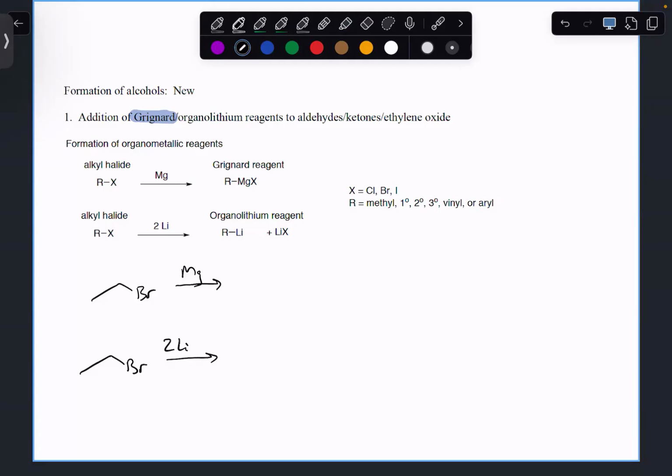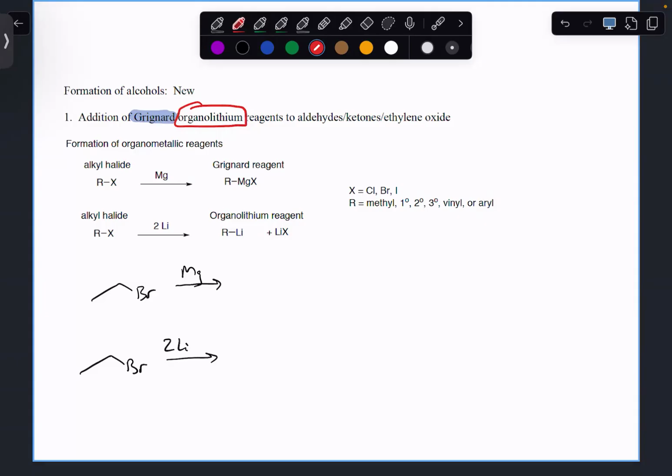In the case of the Grignard reaction, magnesium. I'm going to introduce this at the same time as we talk about this second category called organolithium reactions. And the reason I'm going to do it simultaneously is because mechanistically they are nearly identical to each other. Those metals do exactly the same thing.